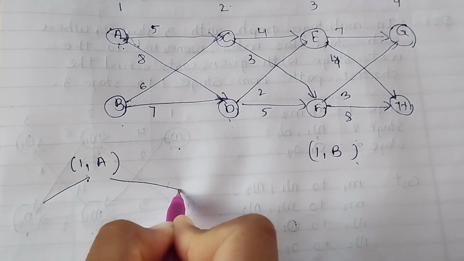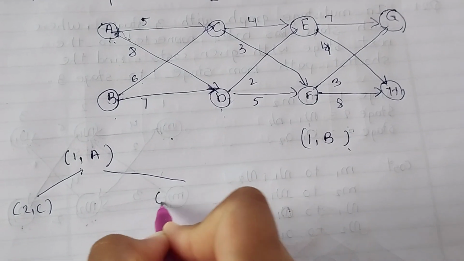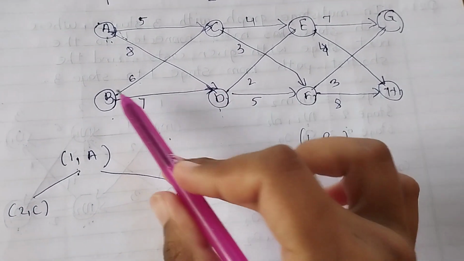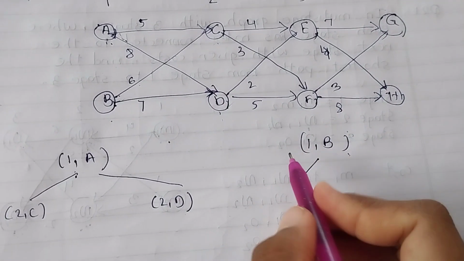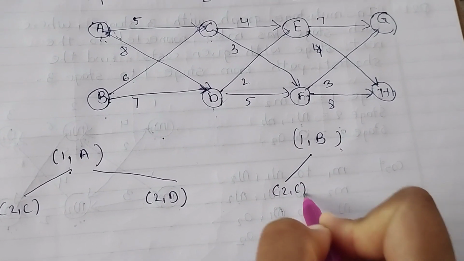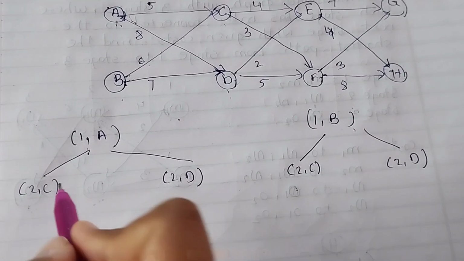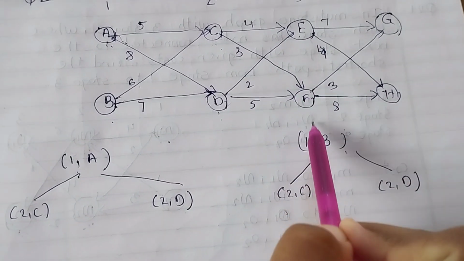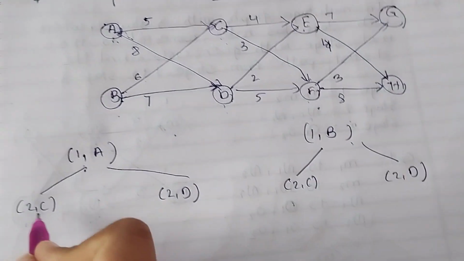2C, 2D. Same, this B reaches 2C, 2D. Now this C reaches 3E and 3F, third stage, and E and F are the nodes.